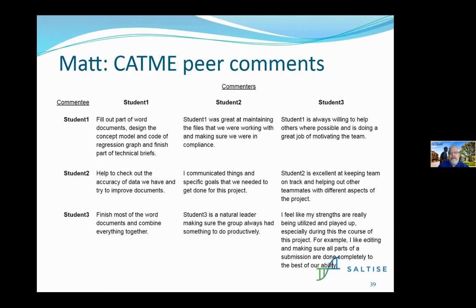And as we read down a column, we can see a single student's feedback on multiple students on the team, so we can tell if they were excessively harsh. And so the triangulation here is very useful in determining what's actually happening in a team. Next one.